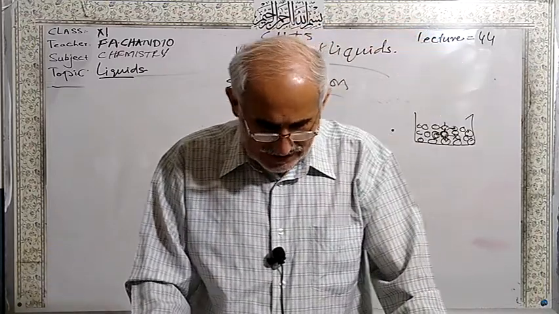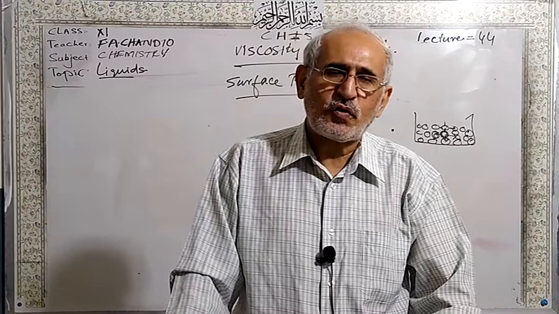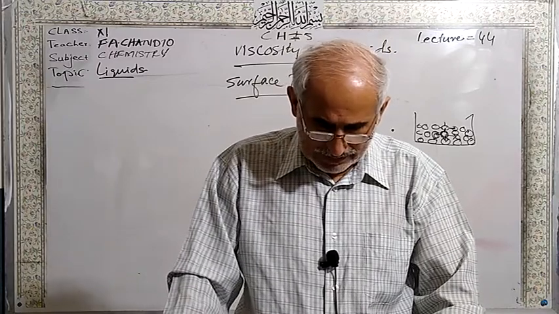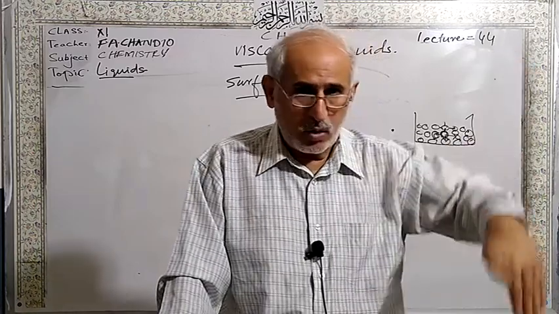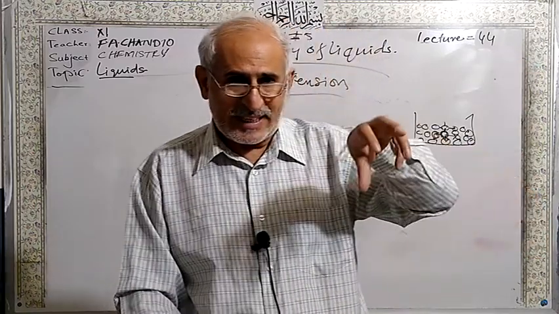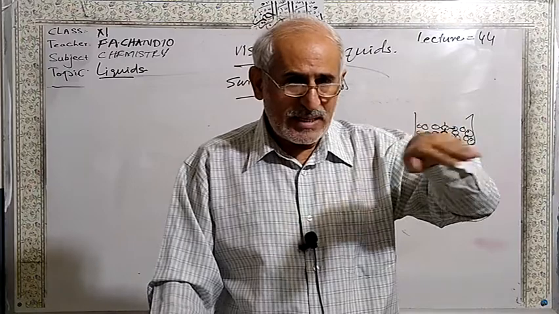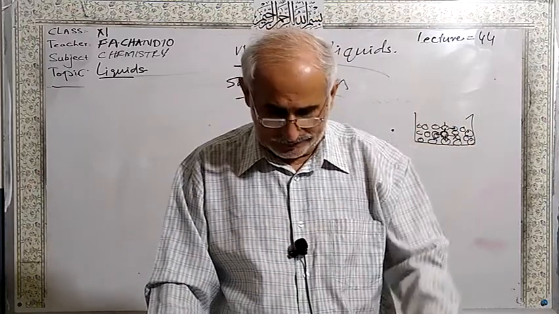That's why this results in an unbalanced force pulling the surface molecule inward. The molecule will move inward, and a stretched membrane is created on the surface of the liquid.